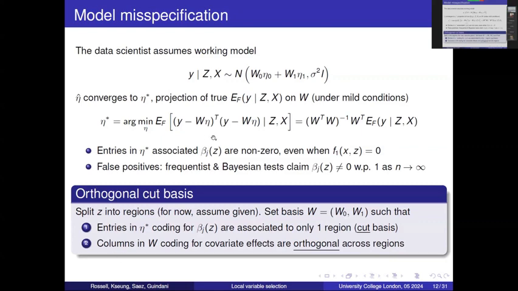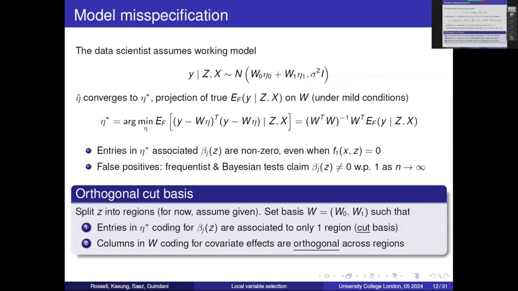For the first piece, making the asymptotic solution contain zeros, what we use is called an orthogonal cut basis. It's perhaps a fancy name for something that's really very simple. If you spend some time thinking about it, it's really simple. The idea is that we split the set into regions, split H into chunks.